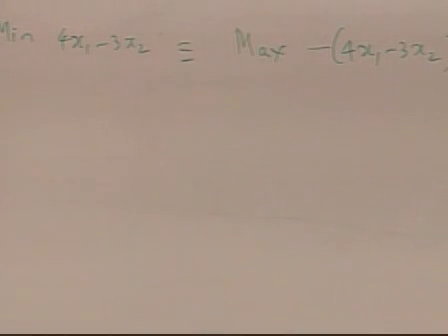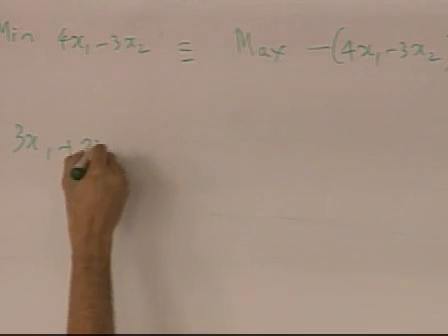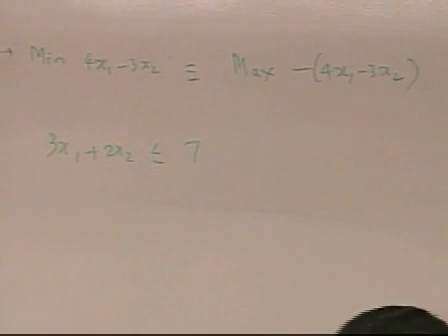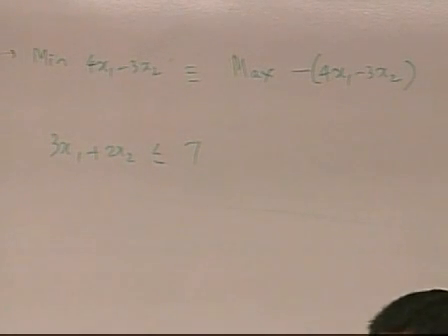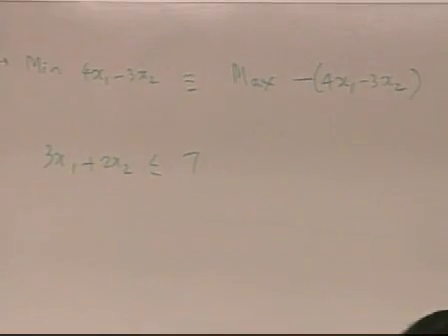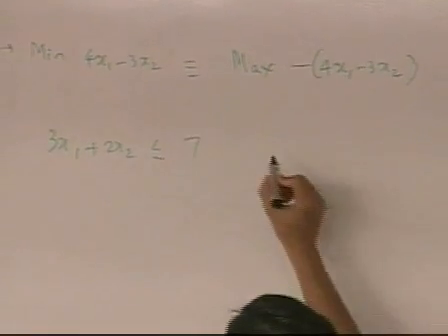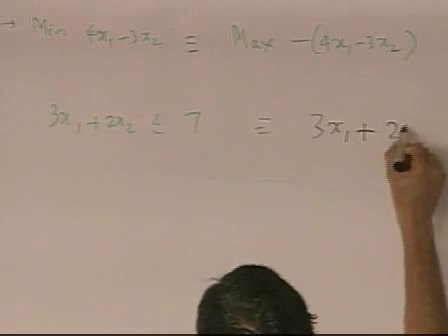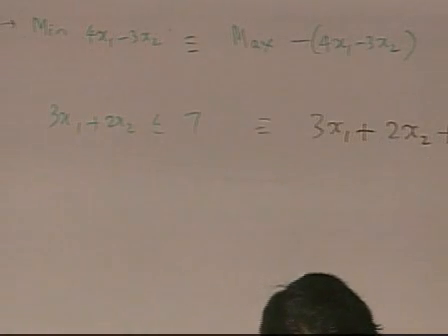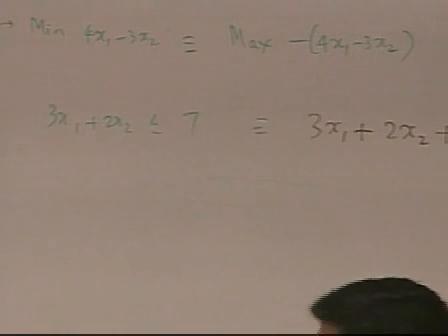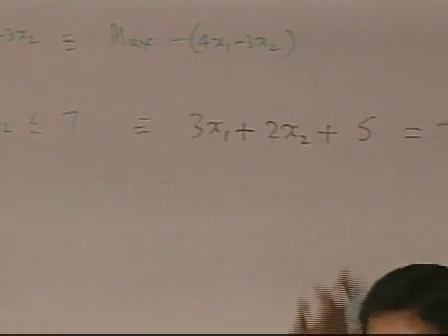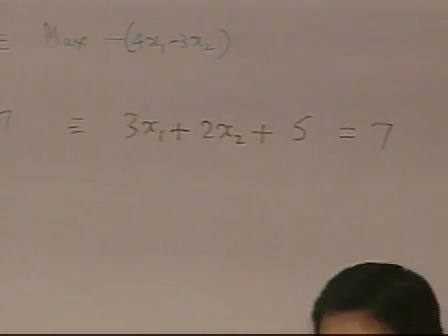So this is the objective. Now let's deal with constraints. If you have a constraint like 3x1 plus 2x2 is at most 7, how do you convert it into standard form? Just add a new variable, 3x1 plus 2x2 plus s equals 7. And notice that s has to be non-negative, so it's already part of the standard form.